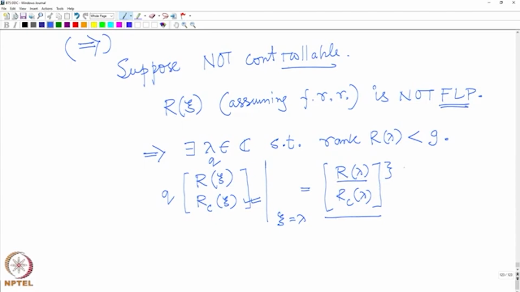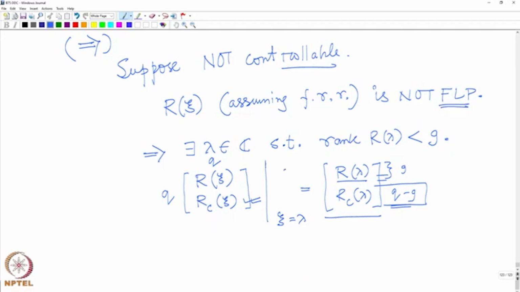R(λ) loses its rank. How many rows are there? g. The controller supplies q minus g extra rows. But even if these are all linearly independent, and linearly independent with the first rows as well, it doesn't save us from losing the rank, because the first few rows already are losing rank.